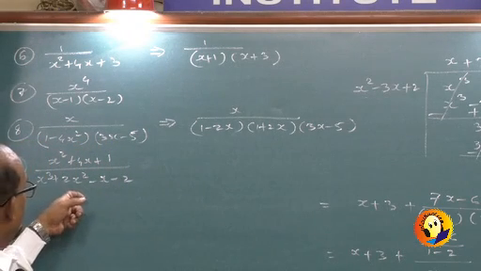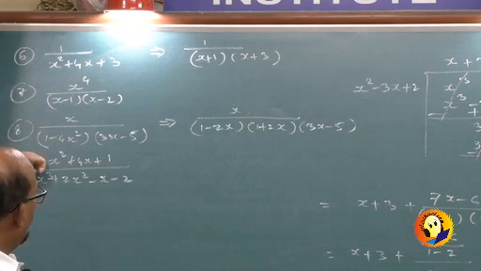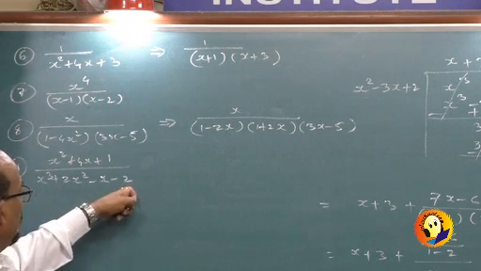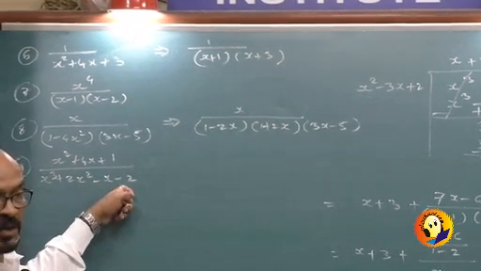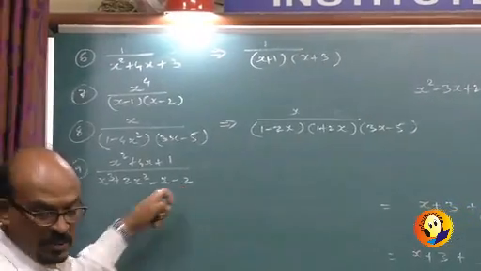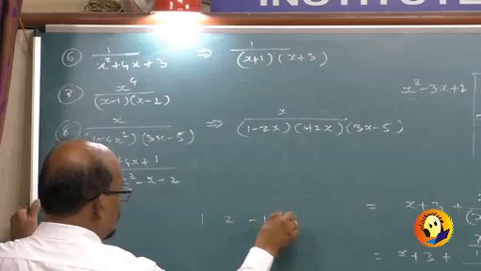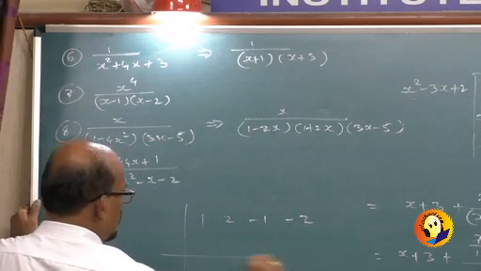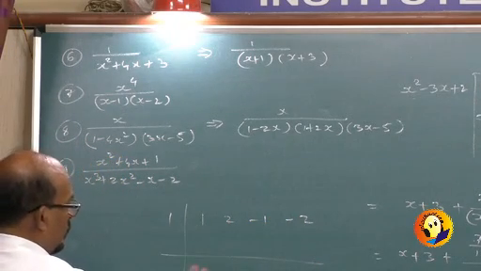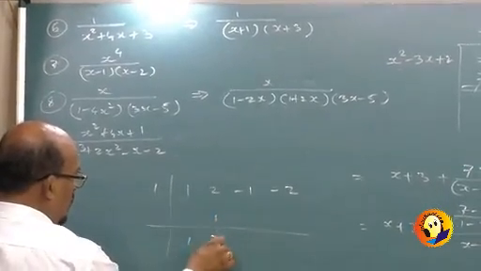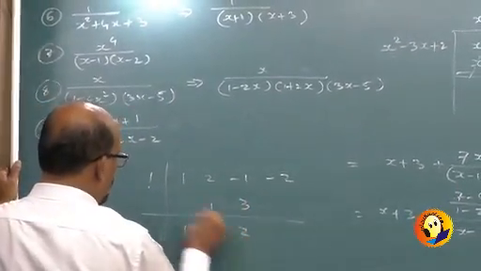And over here, as the power of the numerator is less than that of the denominator, we factorize the denominator. Sum of the coefficients is 0, so x minus 1 will be a factor. So 1, 2, minus 1, minus 2. Synthetic division by 1. So it becomes 1, 3, 2.